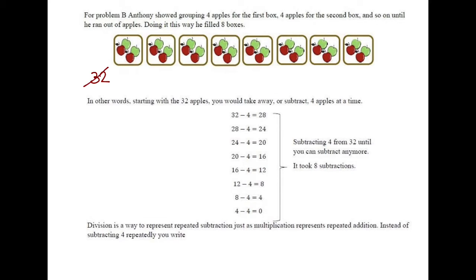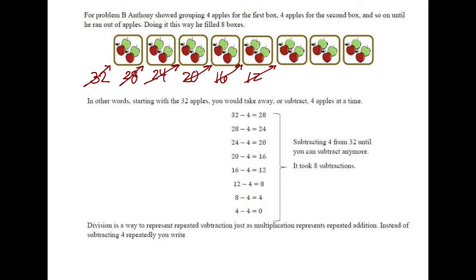and then he took 4 away and put 4 into the first box, so now he has the first box and then 28 more. You take 4 and put it into the next box, and you have 24 left. Take 4 of these and put them in the next box, put 4 of those in the next, etc., all the way down.